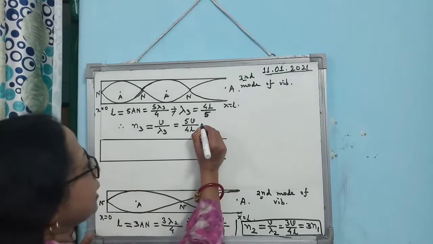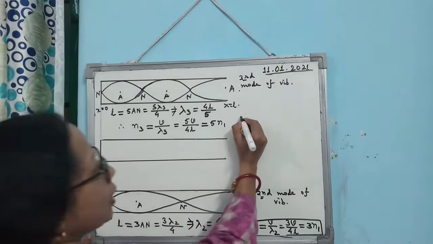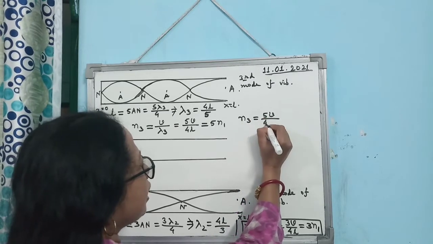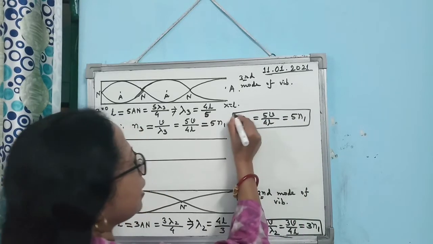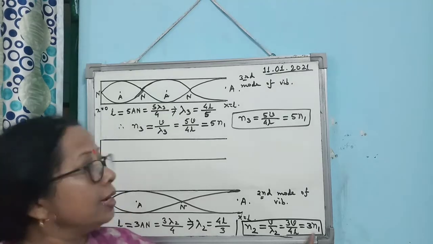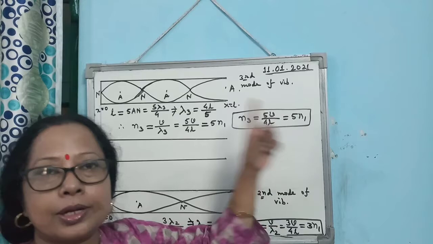So N3 is equal to 5N1. So what is the result you have got? N3 is 5V by 4L, equal to 5N1. Is that clear? So the second mode of vibration is the third harmonic, and the frequency of the third mode of vibration is the fifth harmonic.